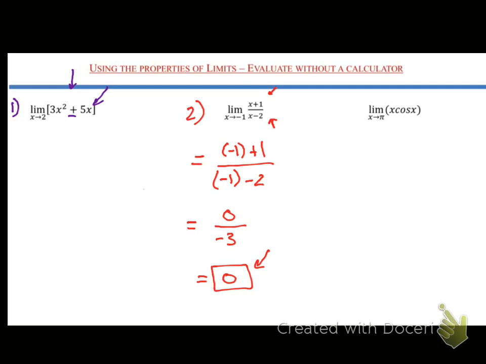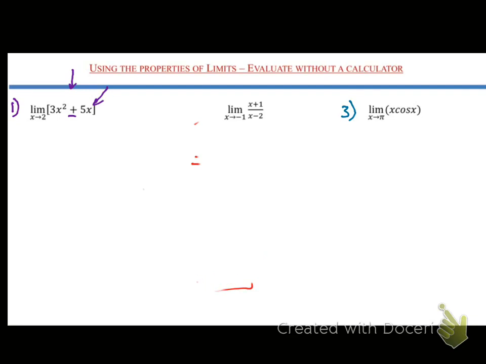So the last one, number 3, is a little bit more interesting, and maybe a place where we really benefit from some of these properties. So if I think about the graph shape of x times cosine of x, nothing comes to mind. I kind of know a little bit about the cosine of x, but all of a sudden when I multiply by x, then I don't really have a quick idea of what that graph looks like. So let me use another property of those limits.